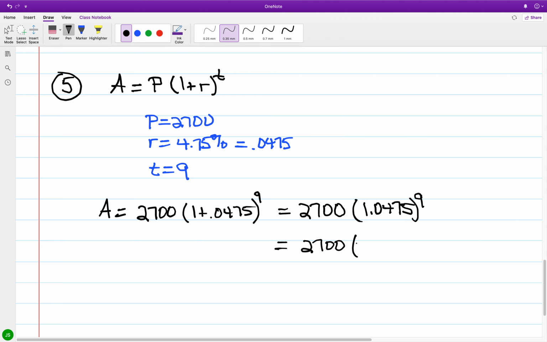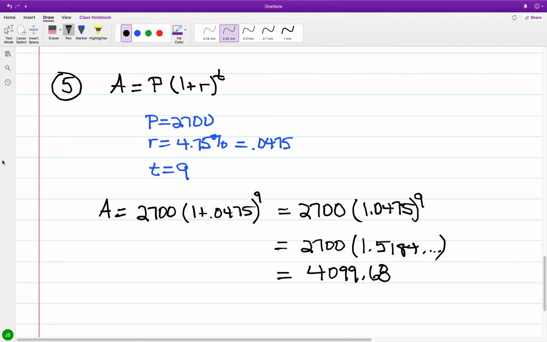With this exponential base, 1.0475 taken to the 9th power, you have a little bit over 1.5, so 1.5184, just keeping the decimals, and then multiplying by 2,700. So you have about $4,099.68.